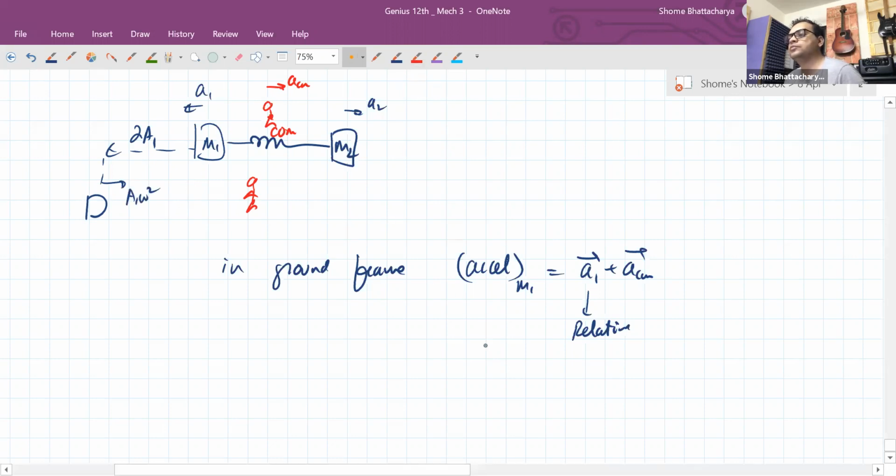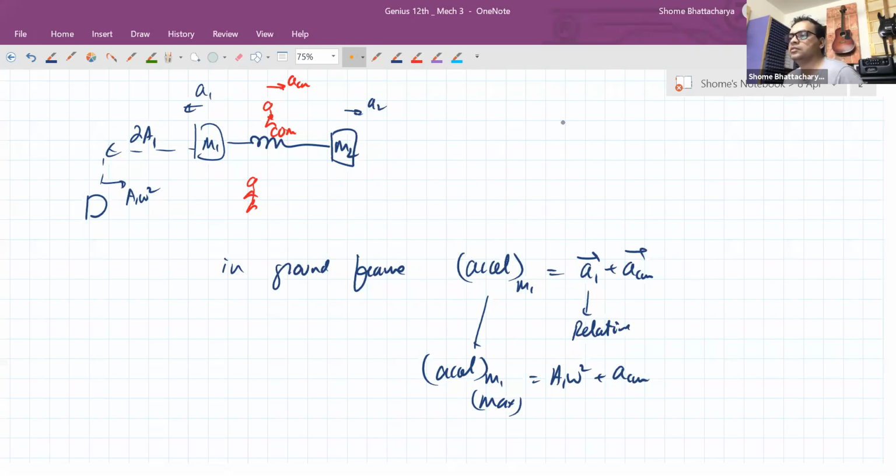So at that point of time, this acceleration of M1's maximum value will become A1 omega square plus ACM. Where we already found out A1, A2 and all this just now.